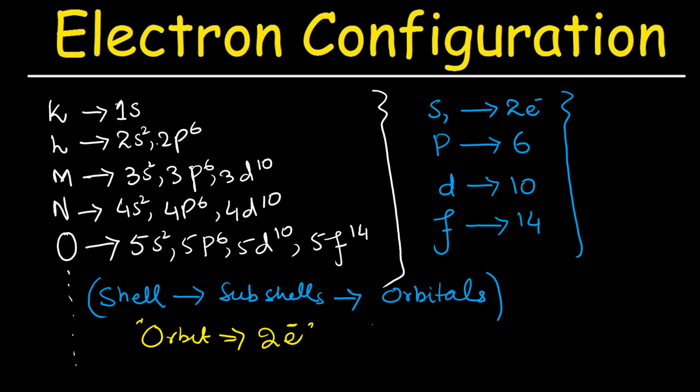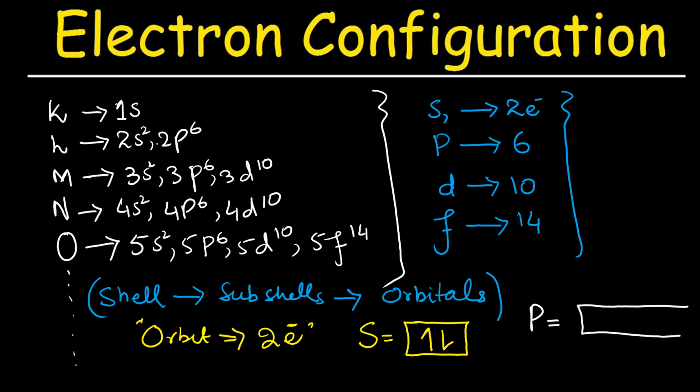So the s subshell has only one orbital, and this orbital can accommodate a maximum of two electrons. The spin of the electrons must be opposite. Similarly, the p subshell can accommodate 6 electrons. This means that the p subshell will have three orbitals, 1, 2, and 3, and these three orbitals can accommodate a maximum of 6 electrons.